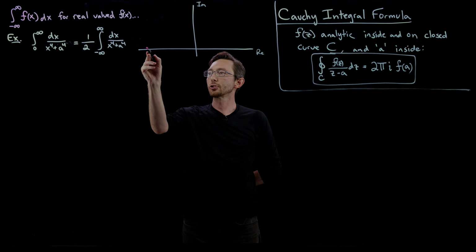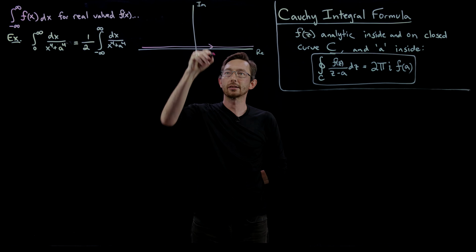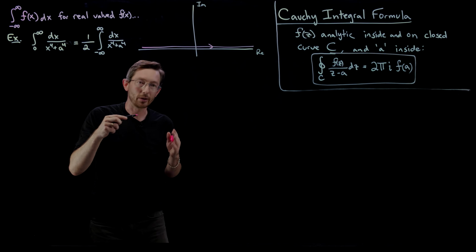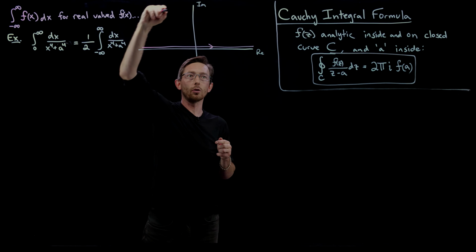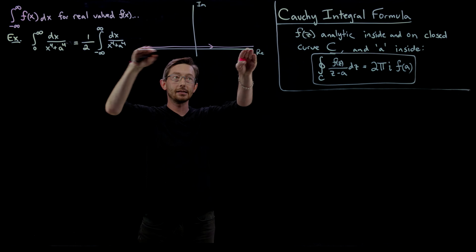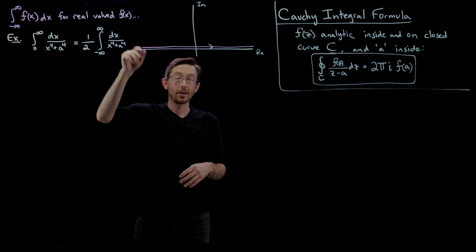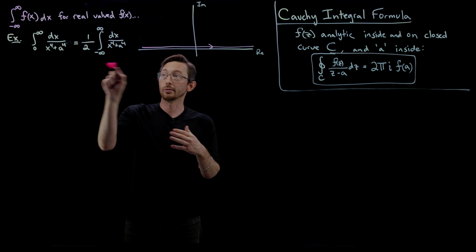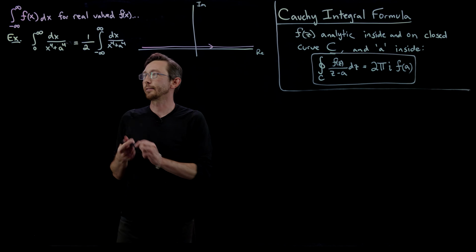So the function we're trying to integrate is along this direction. And what I'm going to do is create a closed orbit that includes this and a large radius circle that's also going to include some poles of the complex version of this.